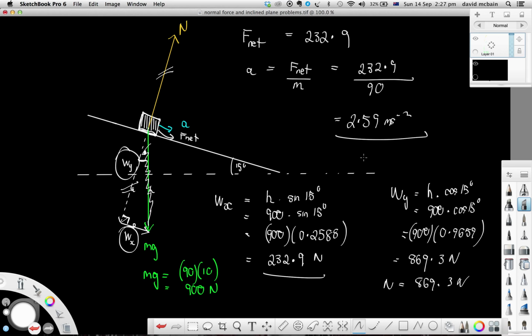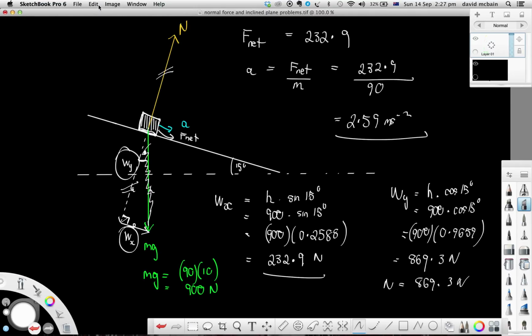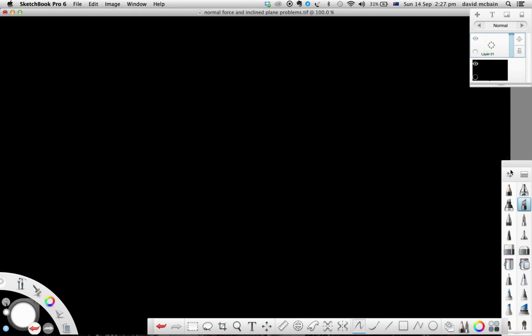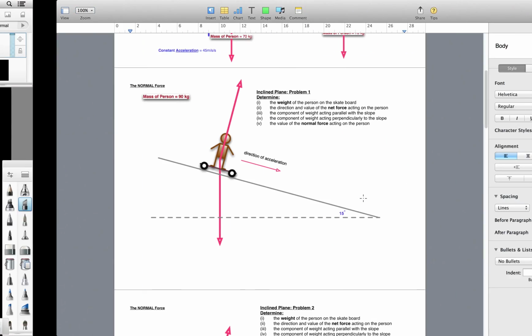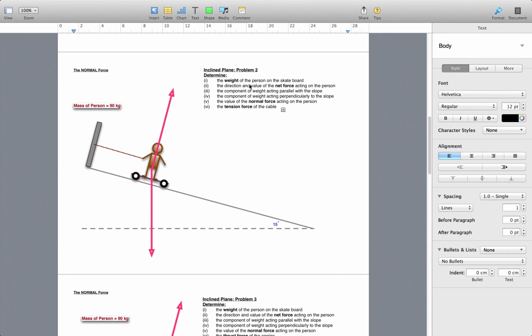Okay, so there we have the first problem. So I'll clear that. And so look at the second problem. Okay, the second problem, it's very similar. Same mass of person. I have to work out the net force, the weight, both components of the weight, the value of the normal force, and the tension in the cable.